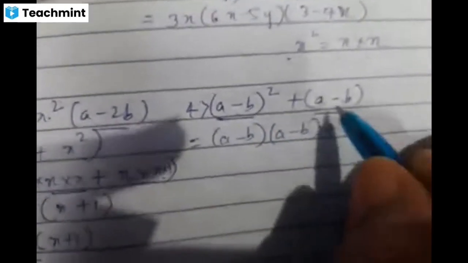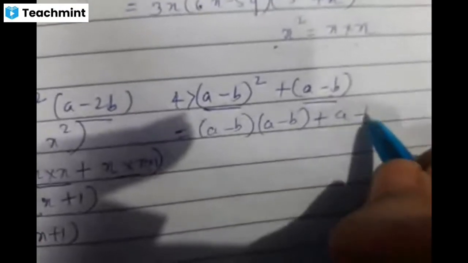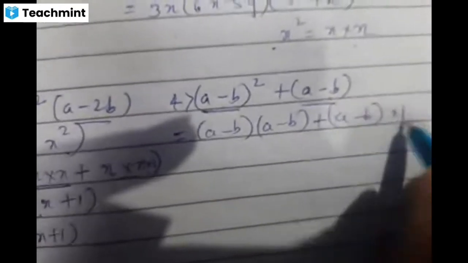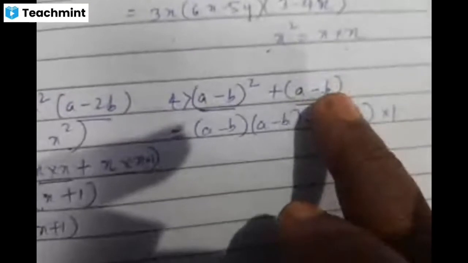Plus a minus b, I will write it as a minus b into 1. If nothing is common here, or if a minus b is taken out and nothing is left, then 1 will always be there. So in the beginning only I'll multiply by 1 here. Now regrouping. What is common in both the terms?